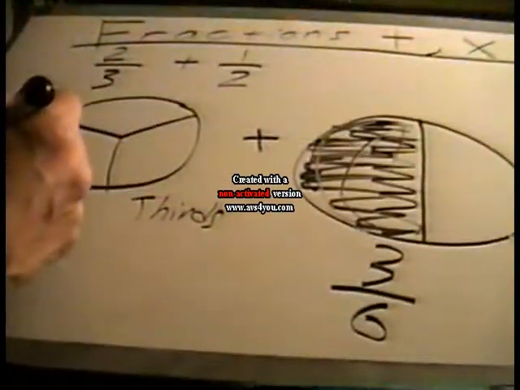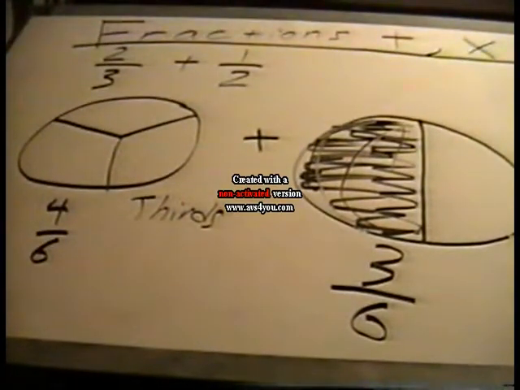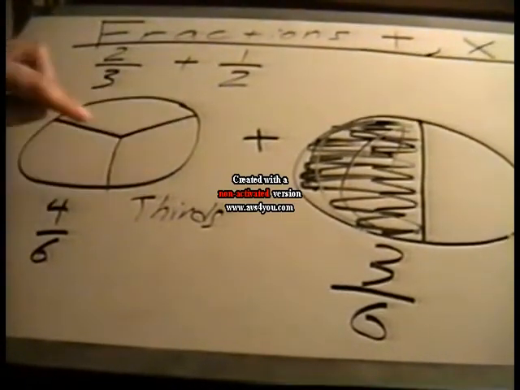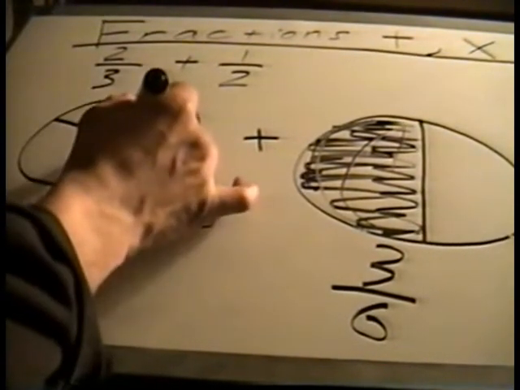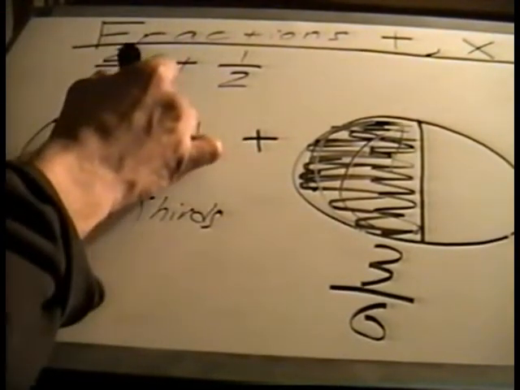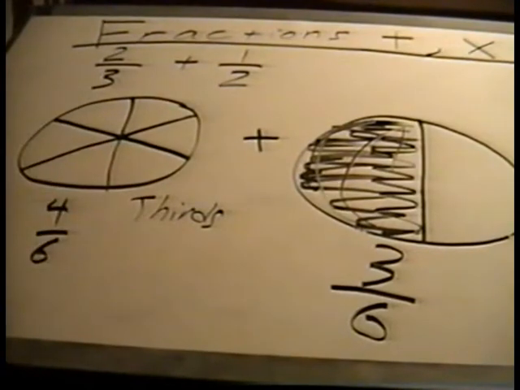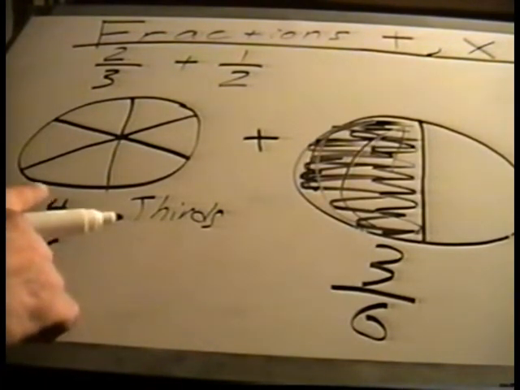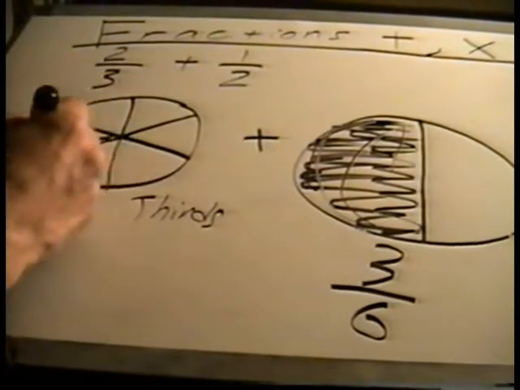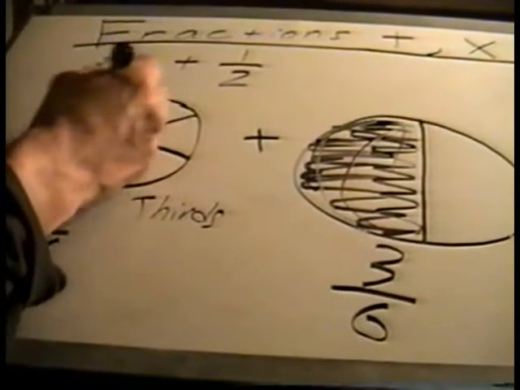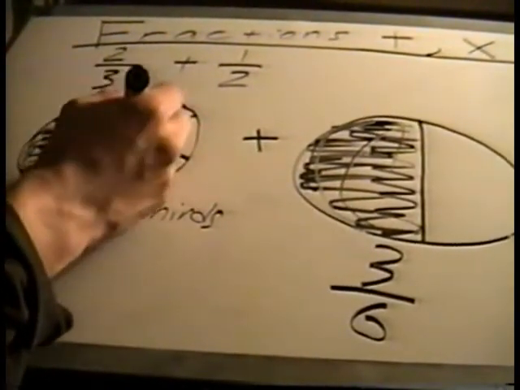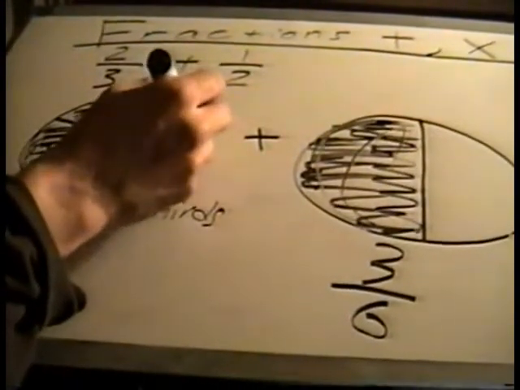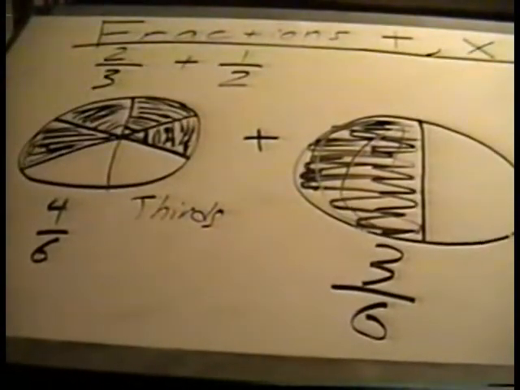See, 2/3 is, if I draw a circle and I divide this one into thirds, and I color this portion in, and then if I have 1/2 and I color in 1/2 of that portion.